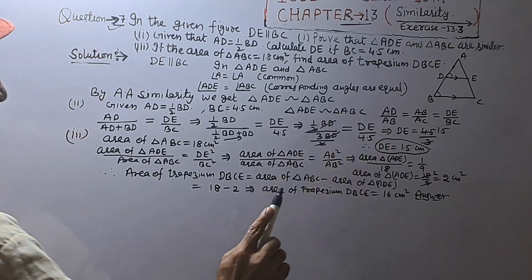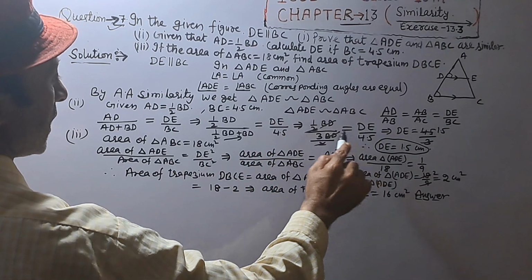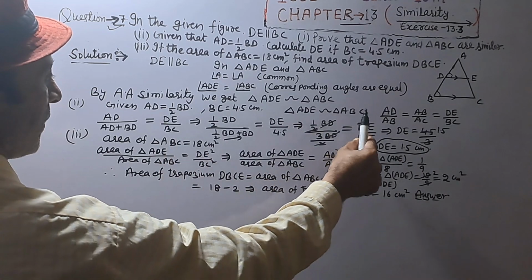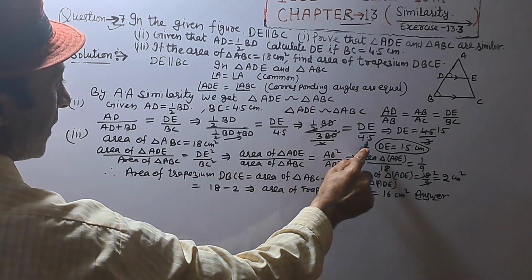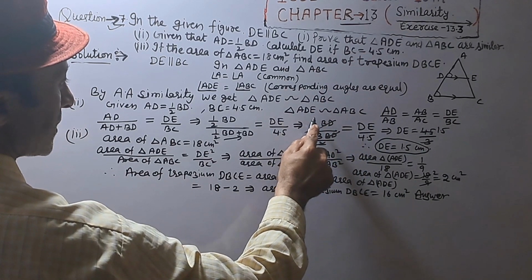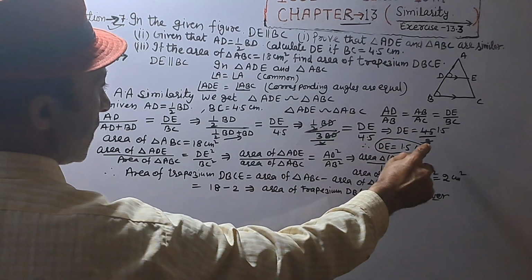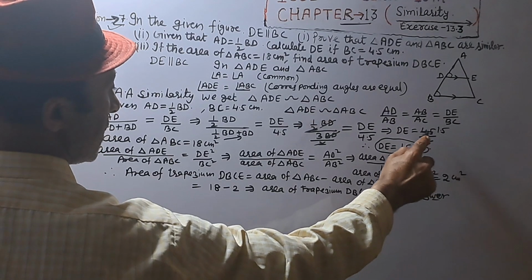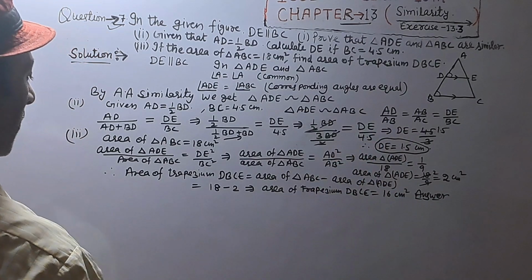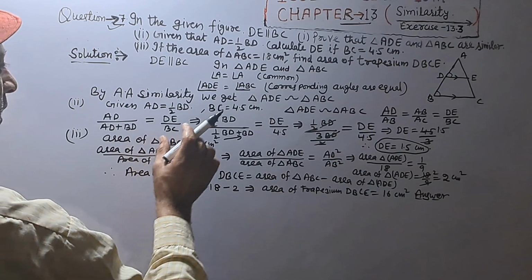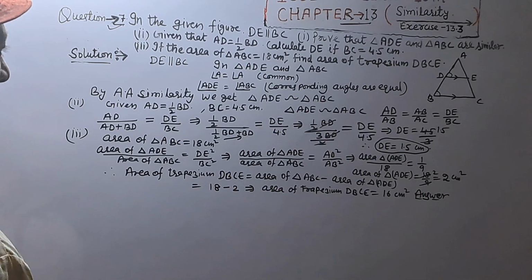AD upon AB we get 1 upon 3, that is equal to DE upon BC, and BC we have given 4.5 centimeter. 4.5 multiplied by 1, that is equal to 4.5, and divided by 3. 4.5 divided by 3, we get 1.5 centimeter. Answer.